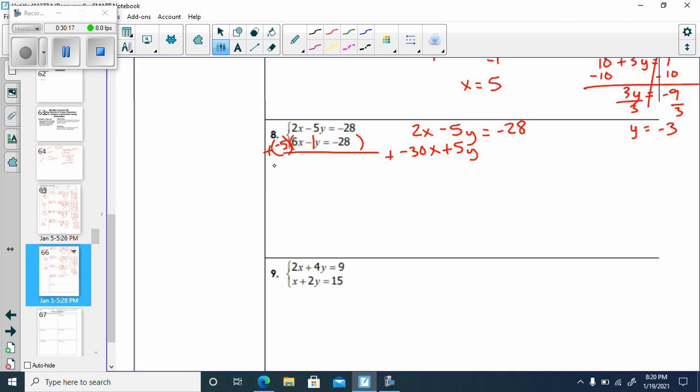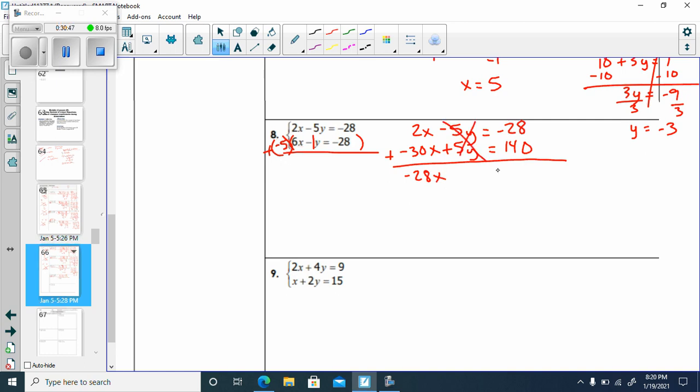Remember, we're adding these, right? -5 times -28. Let's multiply -5 times -28. Okay? And I get -140. Or wait, I get positive 140 because a negative times a negative is a positive. Okay? -30 plus 2x would give me -28x. -5y plus 5y is 0.